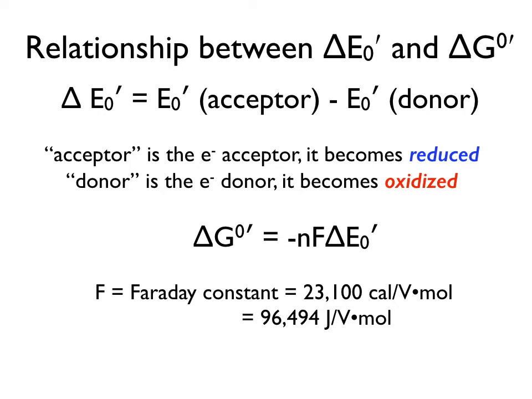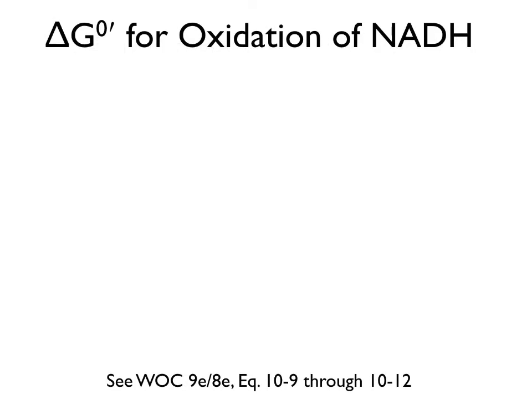Delta G0 prime equals minus N times F times delta E0 prime, where F is the Faraday constant and N is the charge, the total number of electrons being transferred. So let's look at this in the case of NADH.